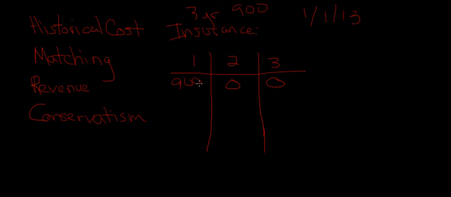This is what cash accounting would be. Accrual accounting is not the same, because that $900 helps generate revenue for 3 different years, not just 1 year. So the correct way to do it would be to say $300 for year 1, it helped us generate revenue that year, $300 for year 2, and $300 for year 3.